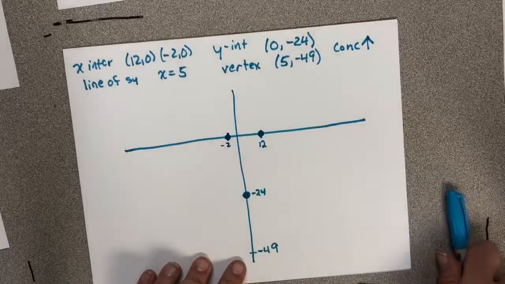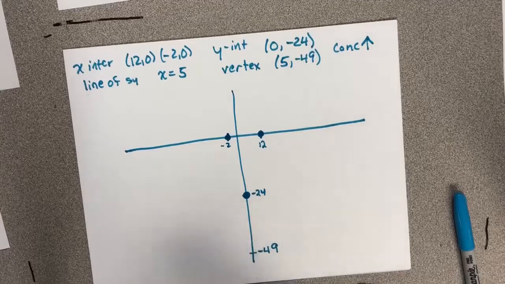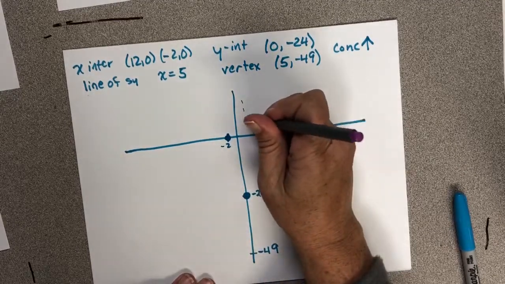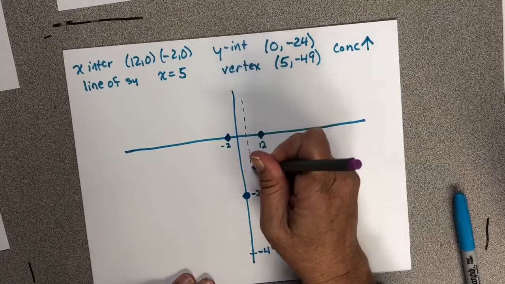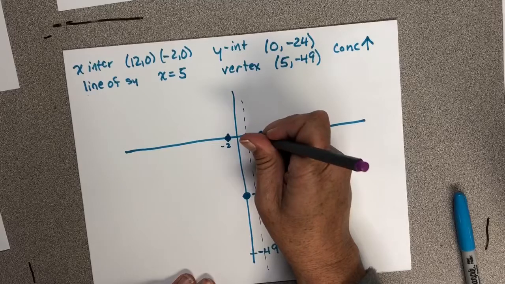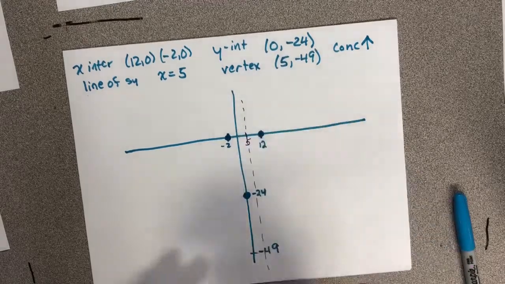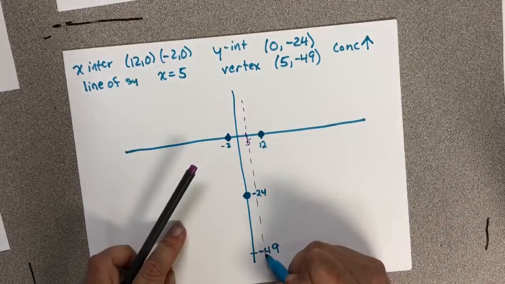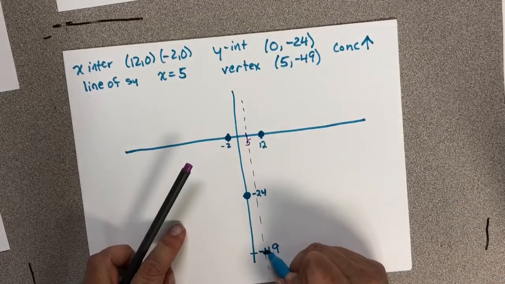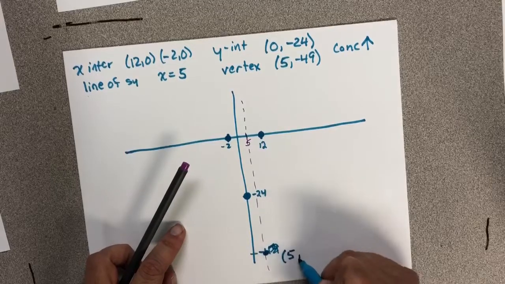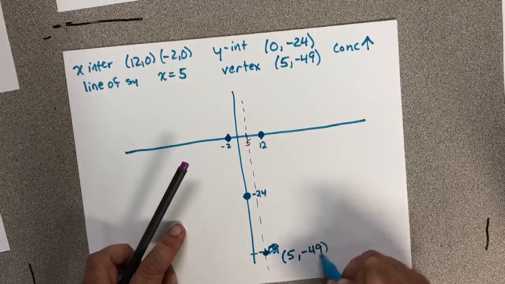My line of symmetry is x equals 5. That should be directly in between these. And then my vertex is 5, negative 49. Oh, I put that in a bad place, didn't I? Remember I said to always mark your ordered pair on that.